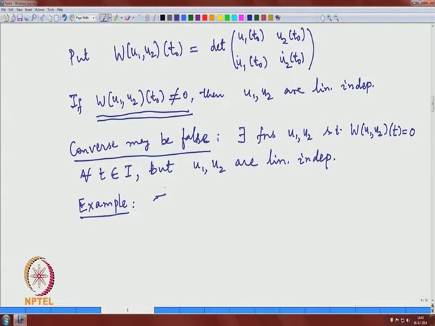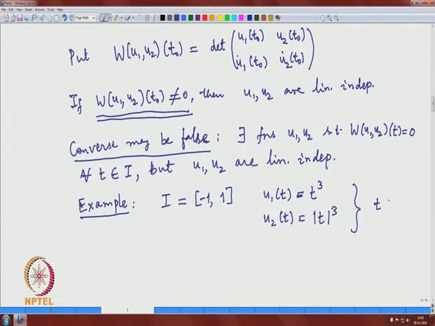I is some interval containing both positive and negative real numbers, say for example -1 and 1, and U1(t) is t cube and U2(t) is mod t cube. Okay. So, this is for t belonging to I. You readily see that U1 is differentiable.